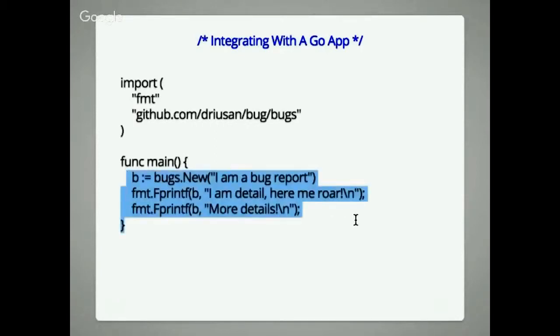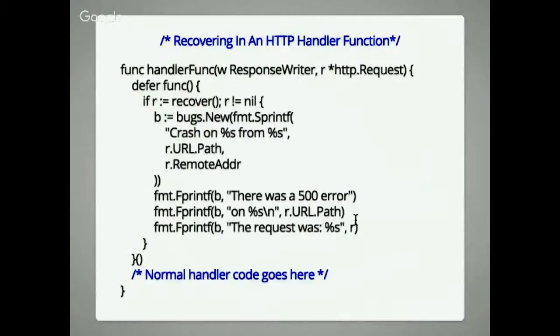For instance, this will file a new bug report. You can put code like this on a page, using the standard fmt.Fprintf, which takes an io.Writer, so you can programmatically make a page where a user can report a bug, and it puts it in your distributed bug tracker. You can do something like this in the recovery of a panic.